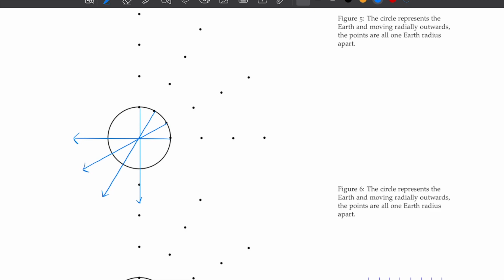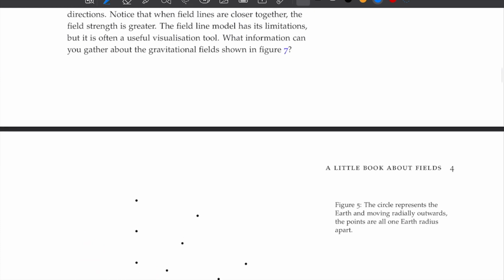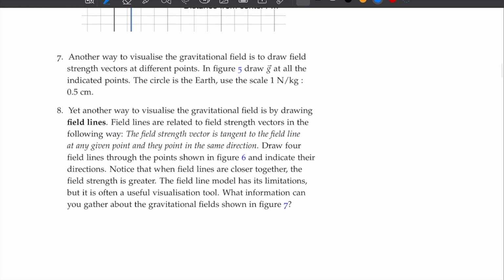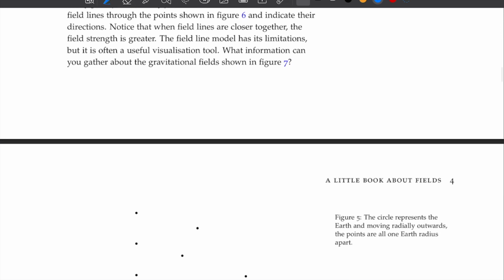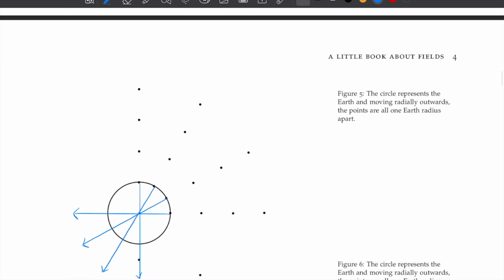Okay. And then if I go 2 Earth radii away, G is only 2.5 newtons per kg. So now I need to take 2.5 times 0.5, that's 1.25 cm. So now at these points, the lines are only 1.25 cm long.